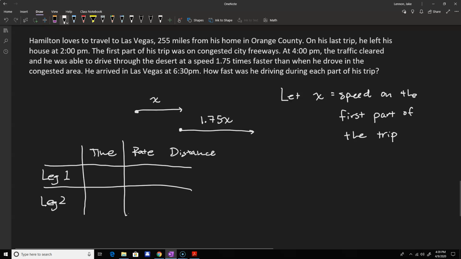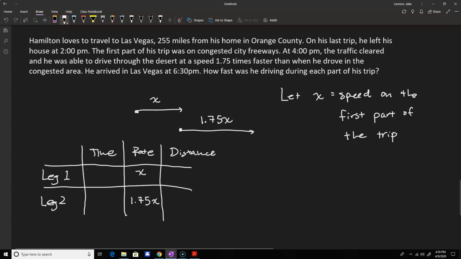So we know the total distance is 255. The first part we're going x, and the second part we're going 1.75 times x. Oh sorry, that was the rate, not the time, so I'm filling out the wrong part of the chart here. So x for the first part, 1.75x for the second part.